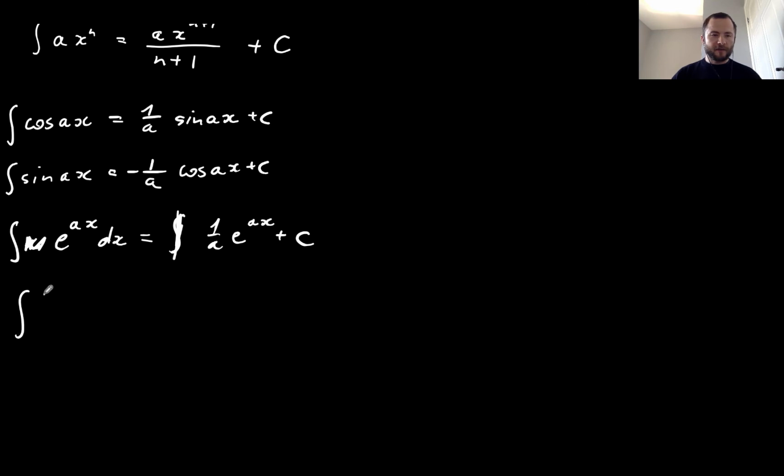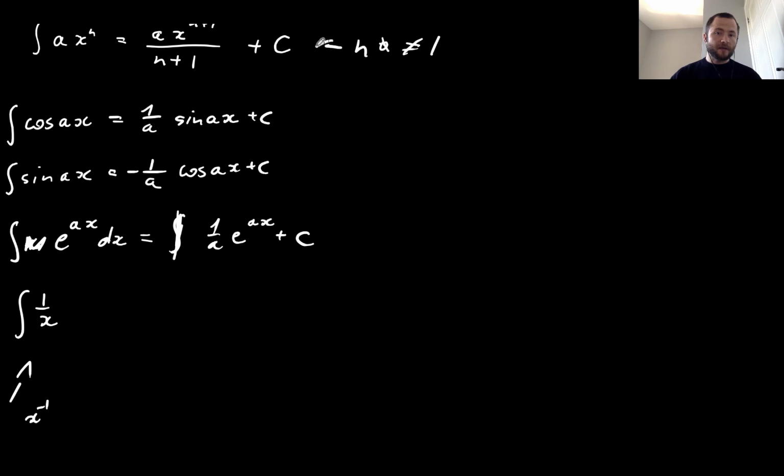And last but not least, we need to take a look at the integral of 1 over x. Note that this is the only occasion where we're going to take a look at a power of x and we won't use this approach. If you remember, this expression is the same as x to the minus 1. So n does not equal minus 1.